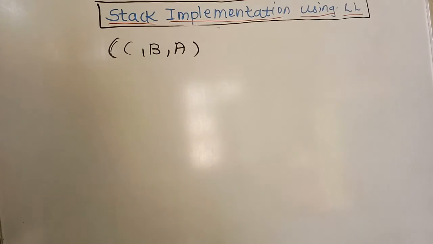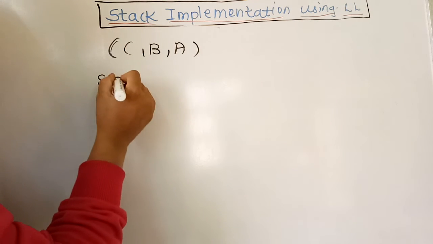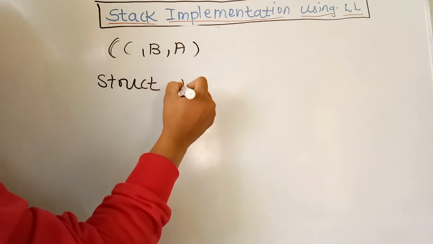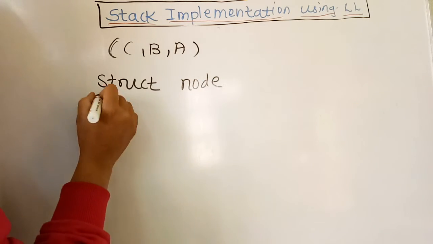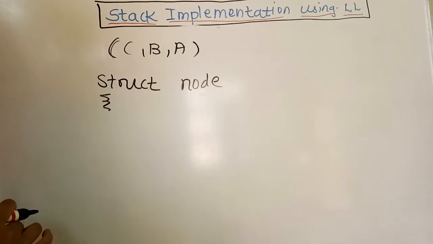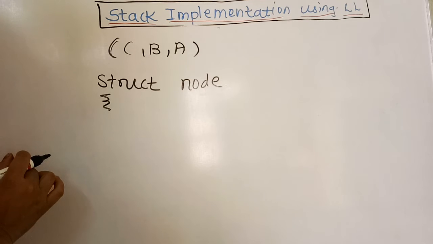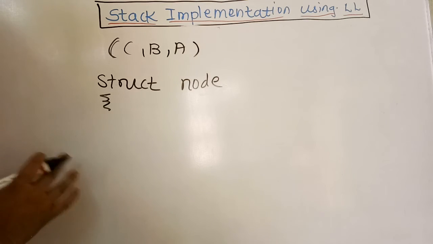How to use the linked list? For that, we have to create a node, a linked list node of a stack, which is the basic data structure of a stack in terms of a linked list. For example, we create the struct node, which is the representation of a stack. We have to take 2 parts, that is data and the next node.